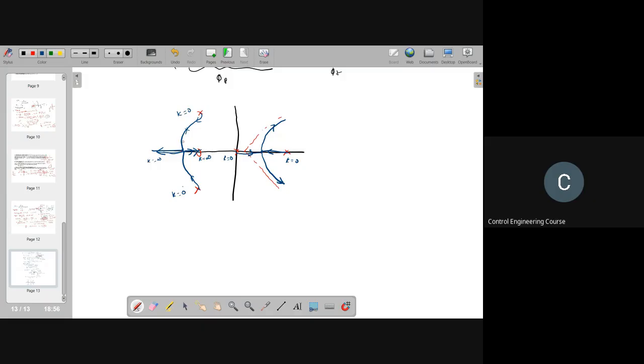Clear? About the positive side. Positive side means this one you are saying. Since 0 is here and this point is minus 1.89, which we already calculated, this is the breaking point. So these two poles meet at the breaking point, and then diverge from each other.